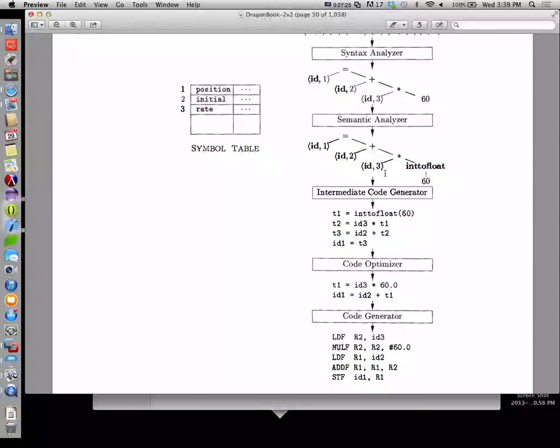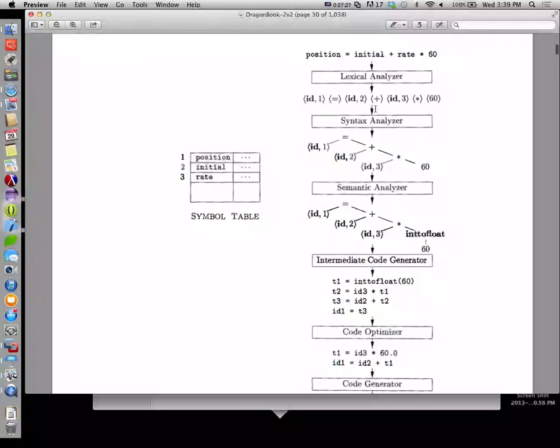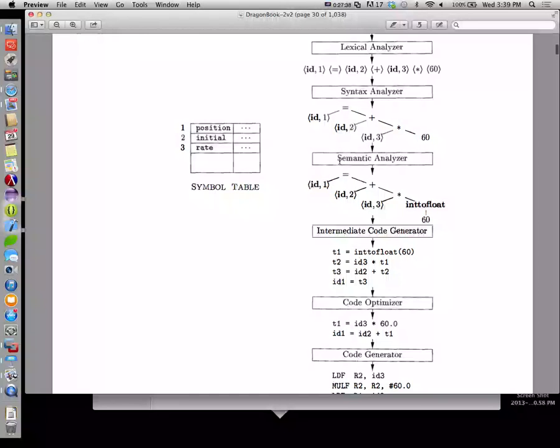So at this level, we've gone from tokens to splitting our tokens on operators and tokens. Ultimately, we've kept all of our operators, kept all of our tokens, but we've given some semantic meaning to our literal here by saying this needs to pass through int to float in order to become the value we need it to become.